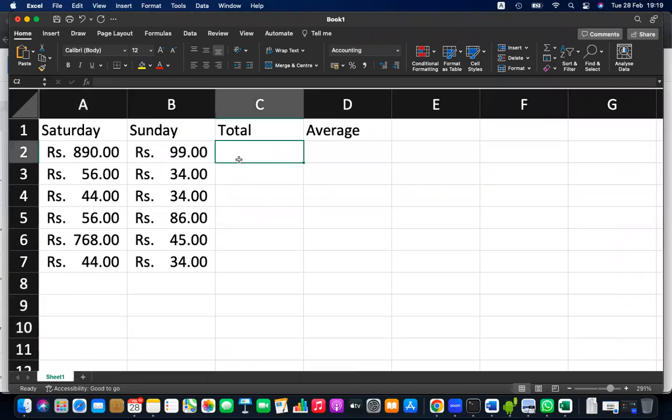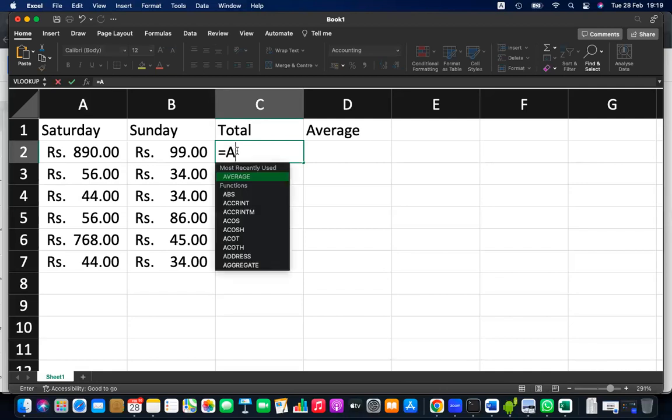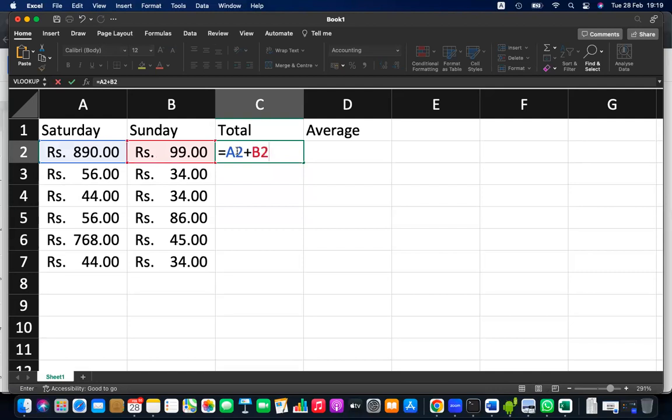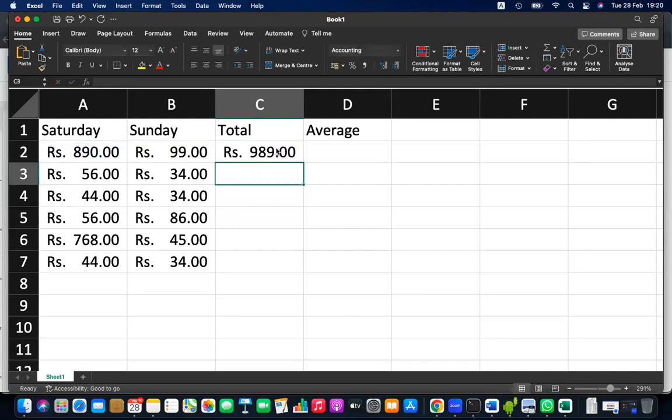To calculate the total, I need to add A2 and B2. I can write a formula, equals A2 plus B2.